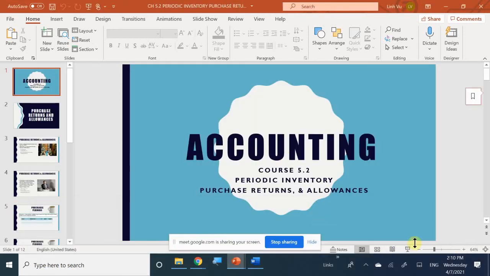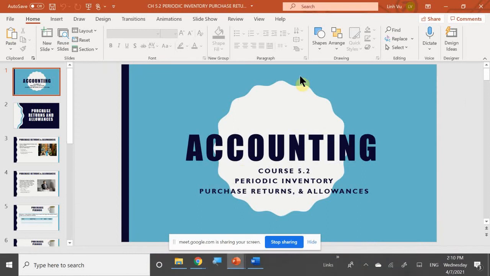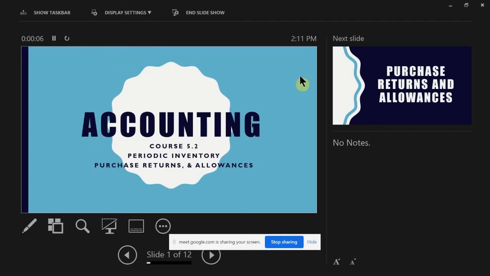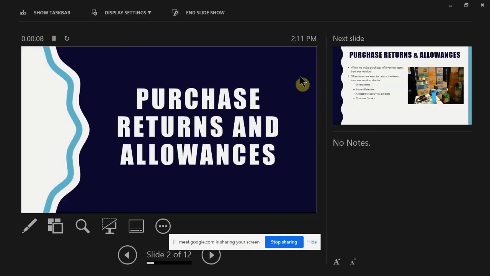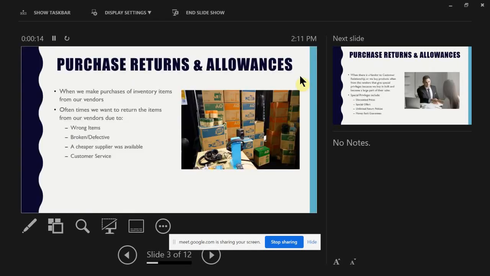Okay. Good. So, as we make purchases, our next assumption is that we also have the ability to return our items. Now, why do we return these items? Many reasons why. We don't like the product. It was damaged. It was defective, okay? Maybe there was a cheaper vendor out there, right?